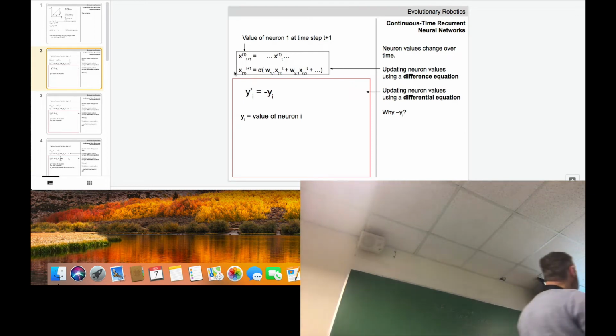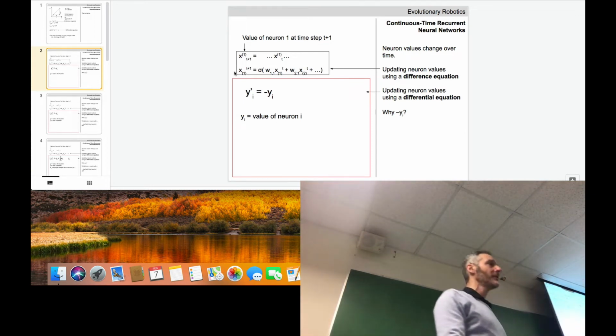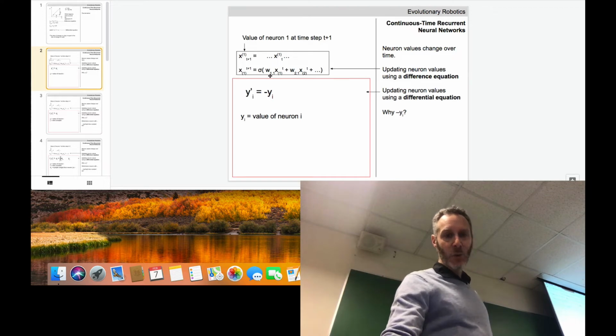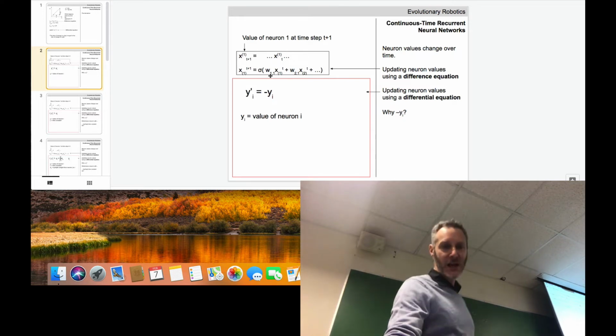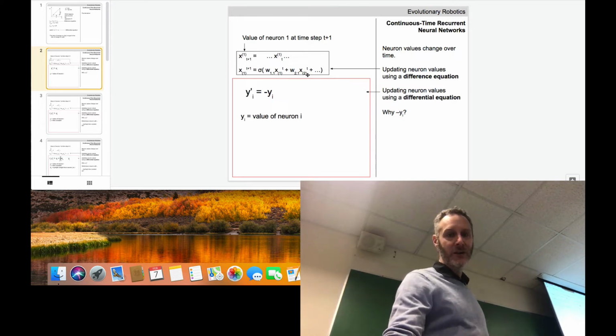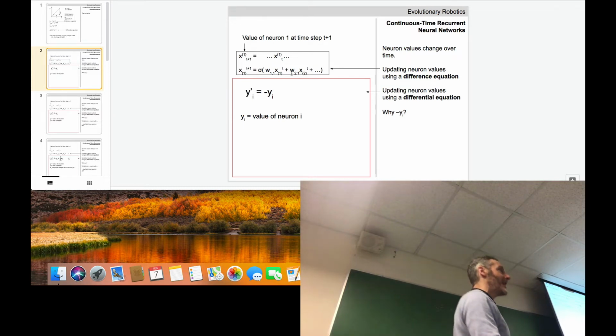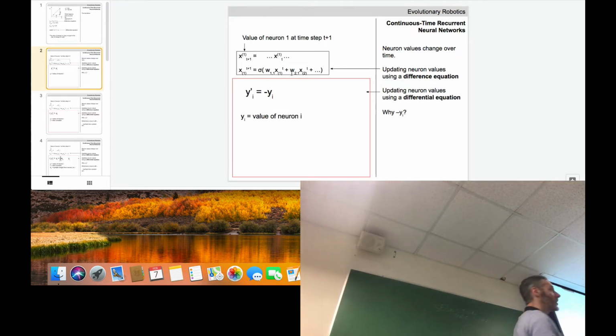x sub 1 at t plus 1, the new value of neuron x1, is the value of the weight leading from itself, from x1 back to x1, for example, plus the value of some other neuron, x2, multiplied by the weight of the synapse that connects neuron 2 to neuron 1.